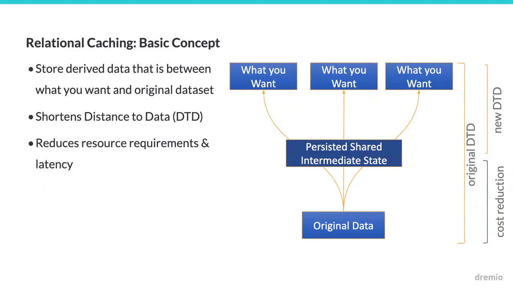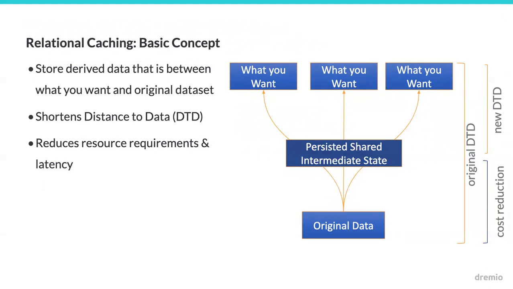There's a concept that we like to use, which is distance to data, DTD. Without a reflection, without the relational cache, the original distance to data is much larger. We can go from the original data at the bottom of this graph up to what you want.